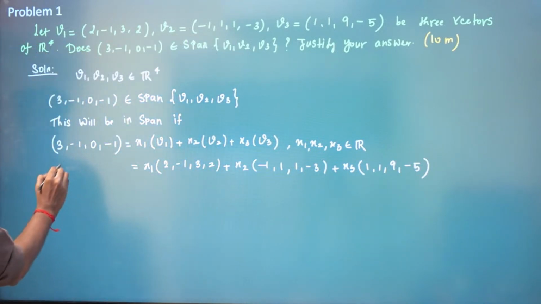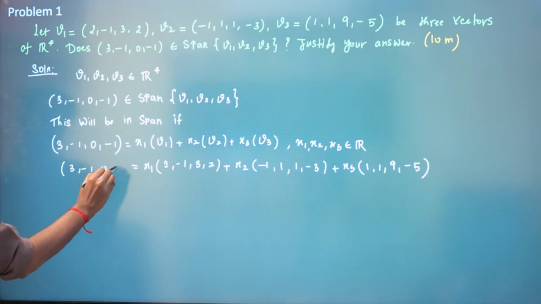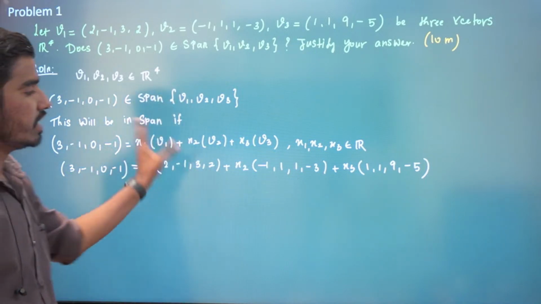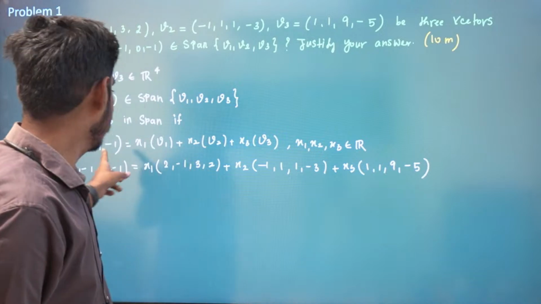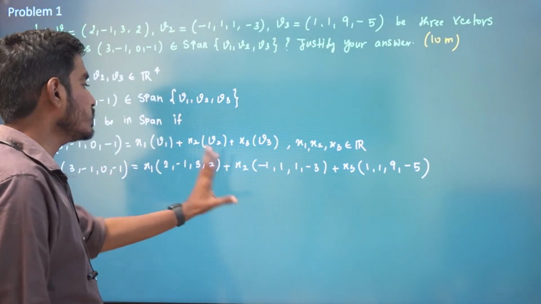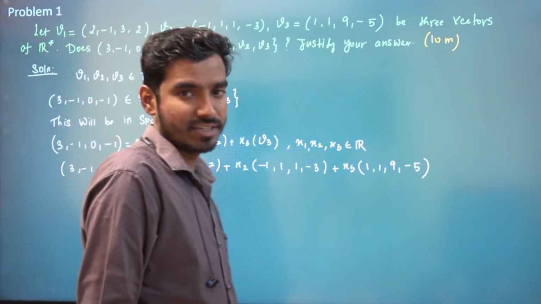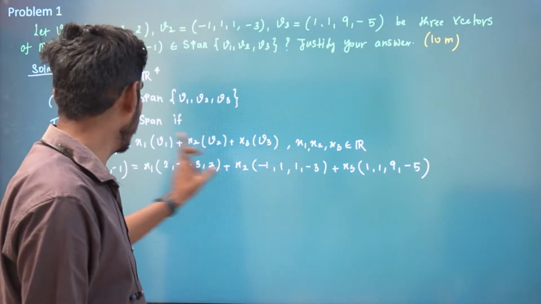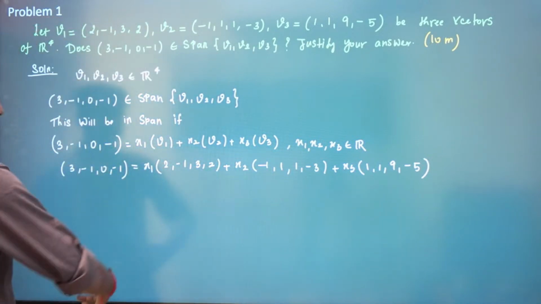If there exist some x1, x2, x3, then this will be in the span. Now you just have to find whether there are any x1, x2, x3 that make this linear combination equal to (3, -1, 0, -1).